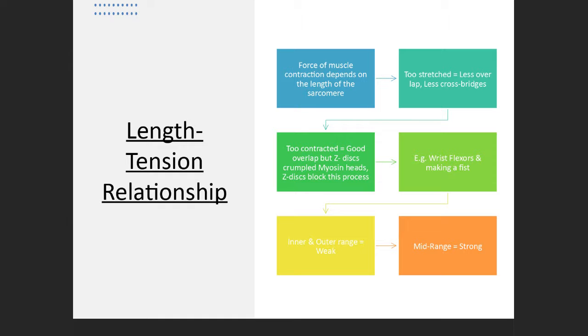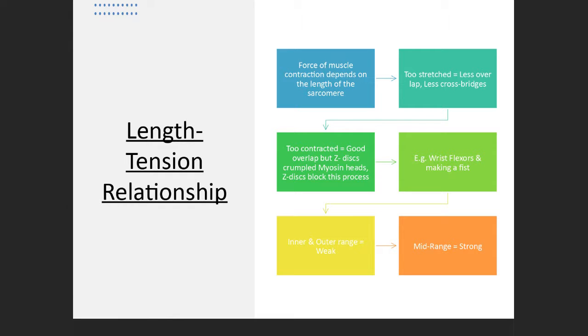If I'm resisting myself here, this is outer range biceps. I'm particularly weak in this position because I'm too stretched, so there's less overlap of the cross bridges. So outer range bicep, I'm not very strong.